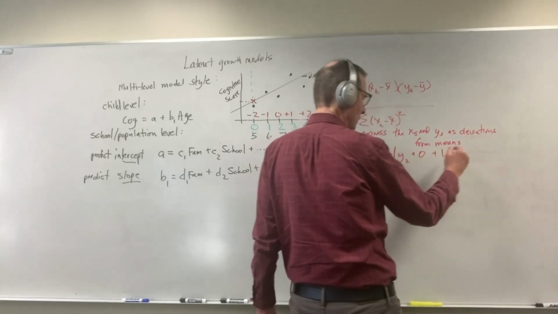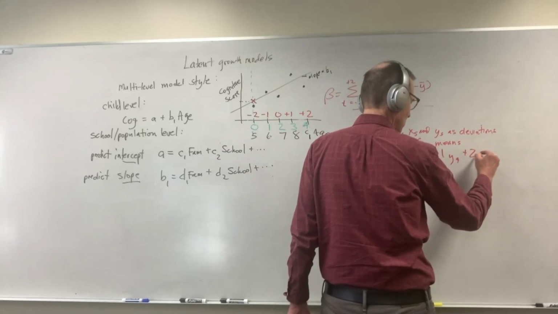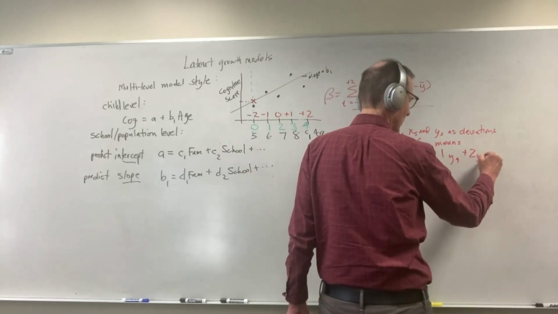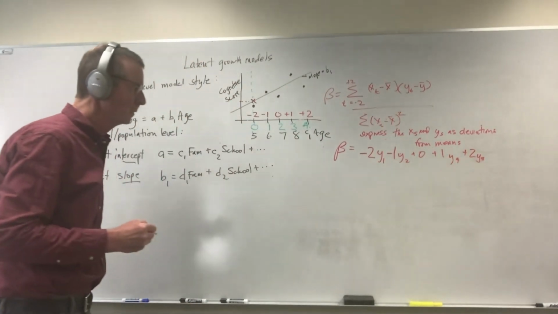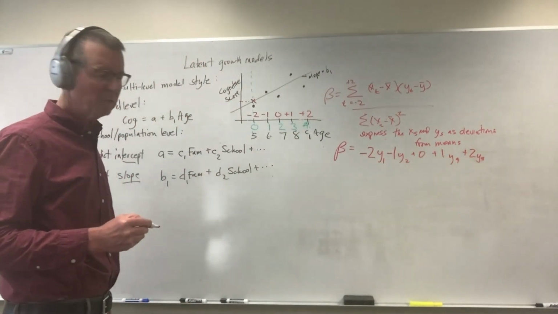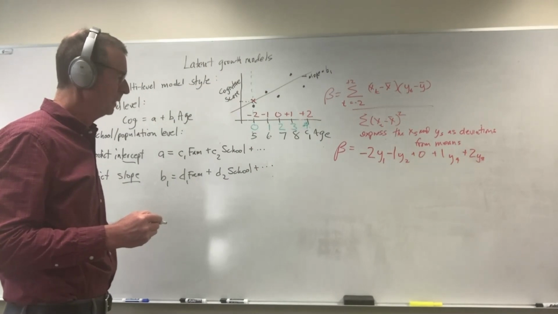This is 0 times Y3, +2 times Y5. Right, again, same as what we talked about in week 2.